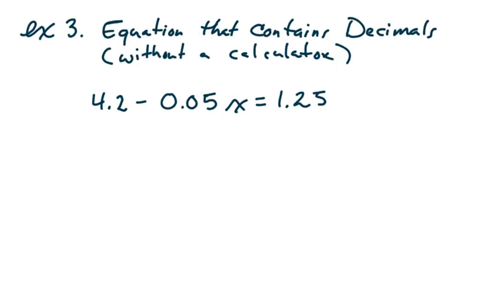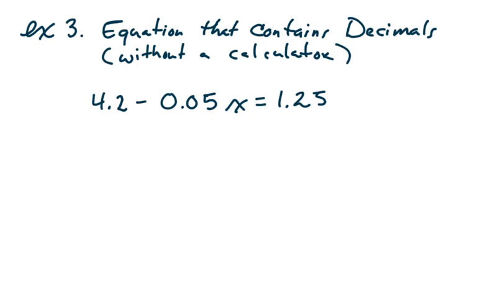Now on to example 3, which is an equation that contains decimals. And this is a particular way to do it. You don't have to do it in this way. But if you want to remove those pesky decimal points, what you can do is multiply both sides of the equation by a multiple of 10.